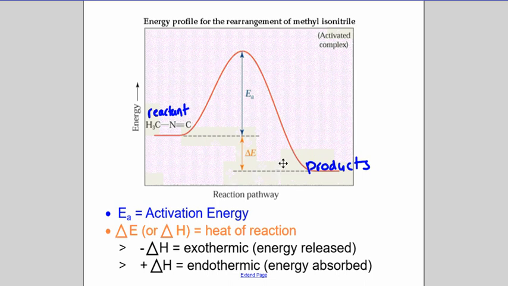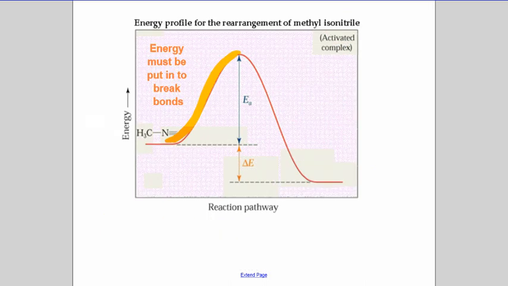An endothermic reaction would be one where the products end in a position that is higher in energy than the reactants are, so they actually absorb some of that extra energy. But we'll talk about that as we get going. The activation energy part of everything is this EA part of the graph.